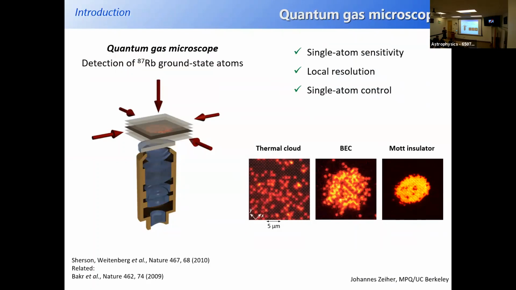So we have single-atom sensitivity. We can see, in this example of a thermal cloud, individual atoms and their positions. And this is a very powerful tool to measure and control ultracold atoms.